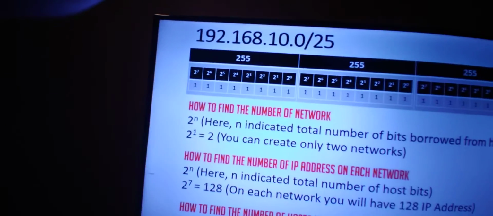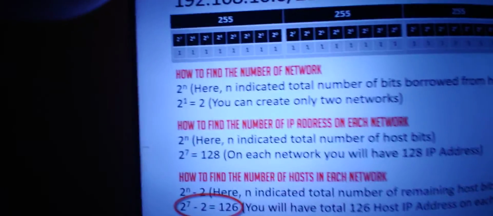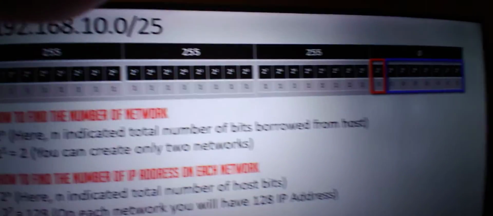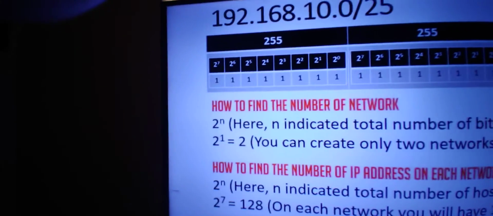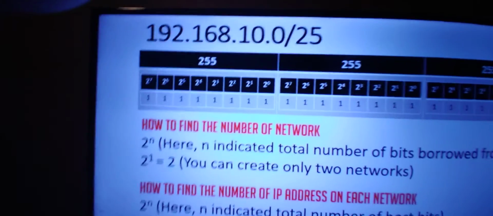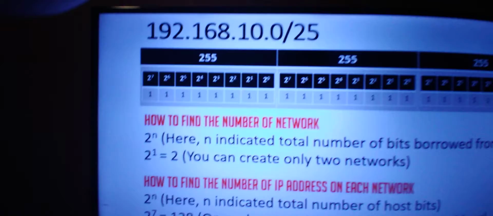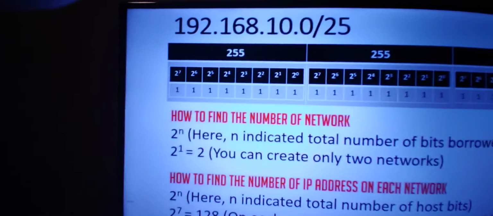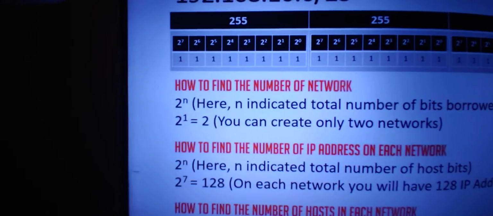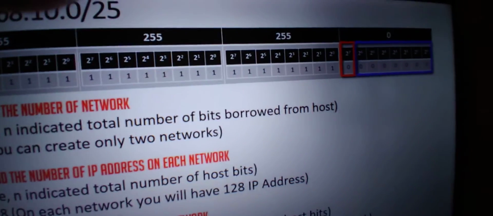Now, to find the number of networks, we start by inputting the ones, as you can see. And it states 25. So here we do 2^n, where n indicates the total number of bits borrowed from the host. It's really simple.